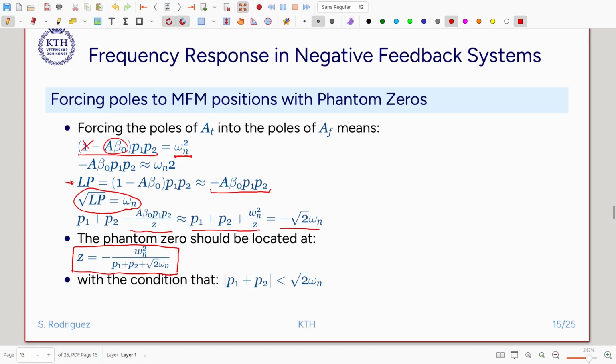This equation is valid for 2 poles. Typically we will be handling around 2 dominant poles, and in some particular cases up to 3 poles. Larger numbers of poles are very difficult to manipulate. Now, very important to notice, P1 and P2 are negative.